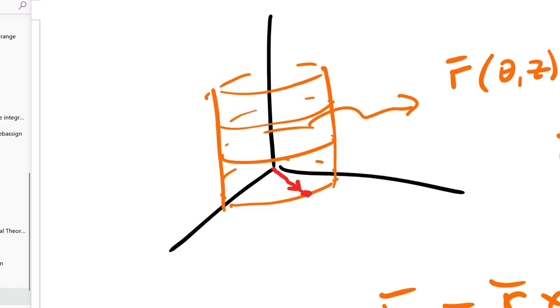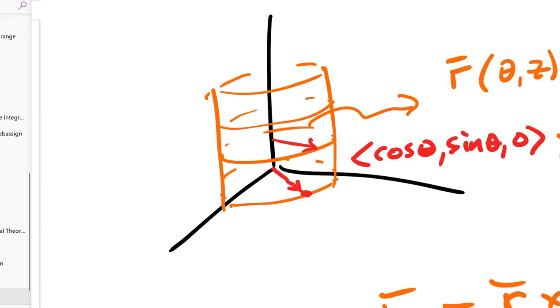And that point, let's say z is 0, will be described using cosine theta, sine theta, and then 0. We're assuming we're looking at the circle that's in the xy plane. If we're up top here, then z will be some constant. So this would be a constant, not 0.